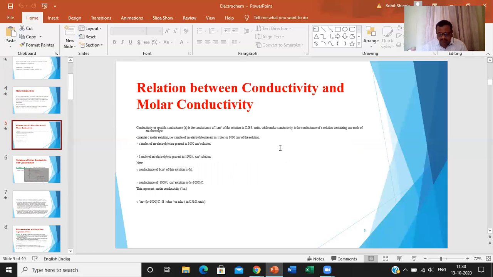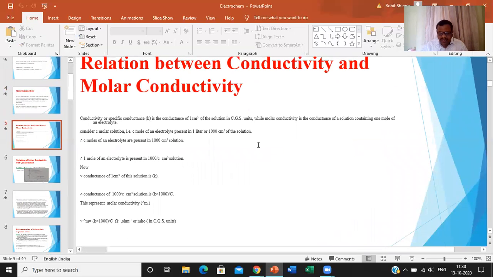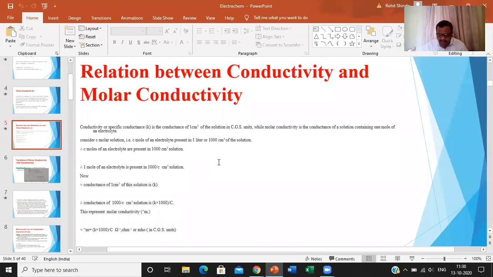Relationship between conductivity and molar conductivity. Conductivity or specific conductance, kappa, is the conductance of 1 centimeter cube of a solution in CGS units. Molar conductivity is the conductance of a solution containing 1 mole of an electrolyte.